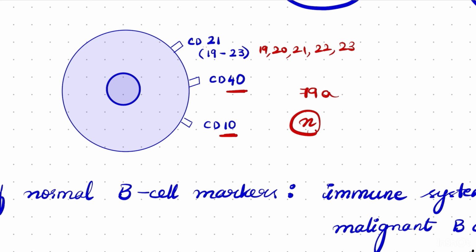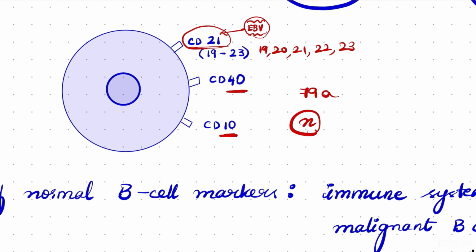Of special importance is CD21, because it gives entry to the Epstein-Barr virus, responsible for the pathogenesis of Hodgkin lymphoma in cases of infective causes. This Epstein-Barr virus gains entry into the B cell via the CD21 marker.